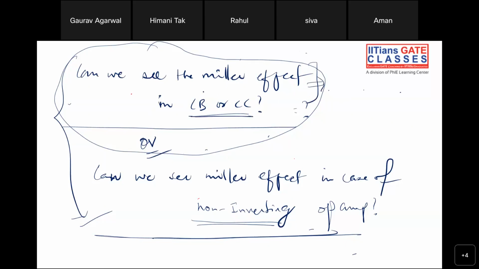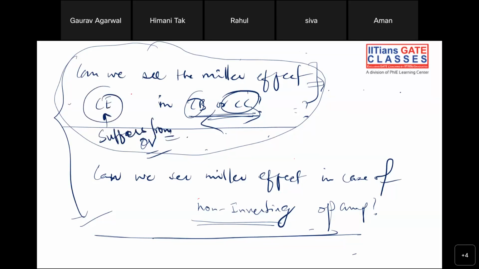And in common base and common collector you cannot see the Miller effect either. Your common base and common collector do not suffer from the Miller effect. Your common emitter suffers from the Miller effect, remember, right? So these things are very important, and you need to find out the answers as well.